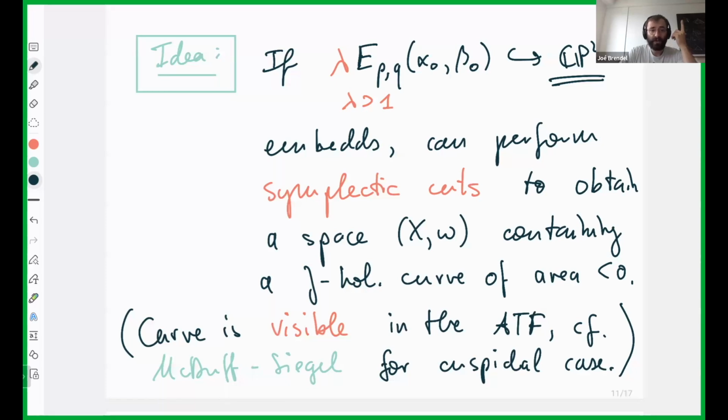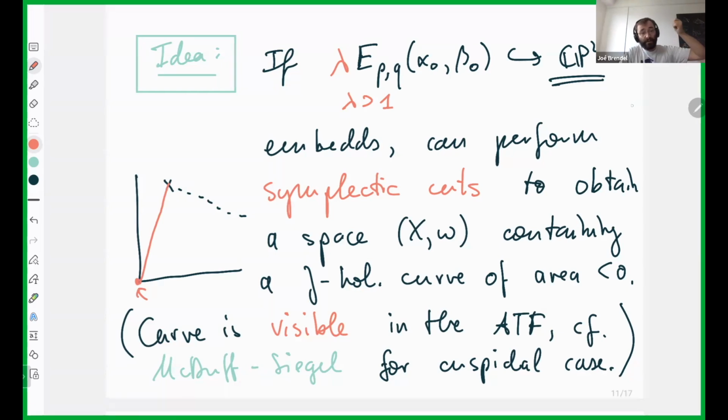And this is very reminiscent of this recent McDuff-Siegel work. But in their case, they had the following situation where you have some kind of node in the ATF somewhere, and you look at a curve hitting the origin here. So this is just a Delzant type vertex, and the visible curve hits it.